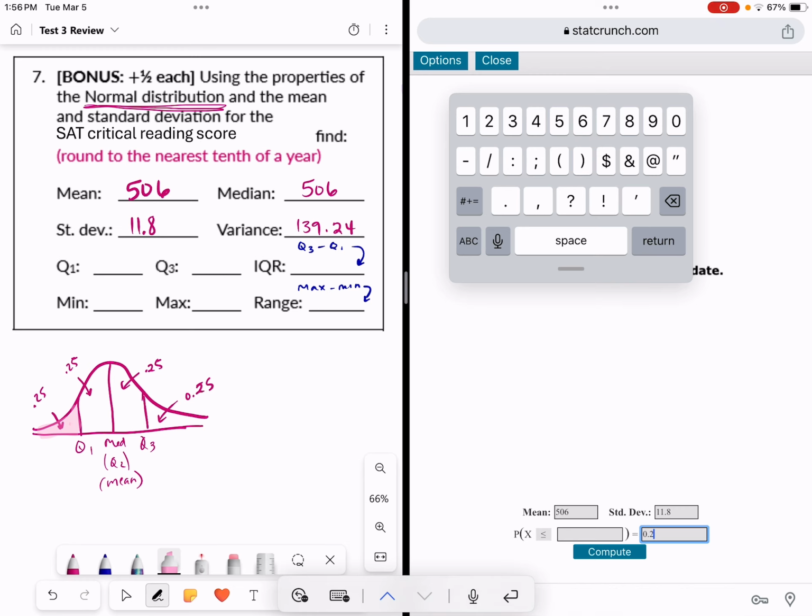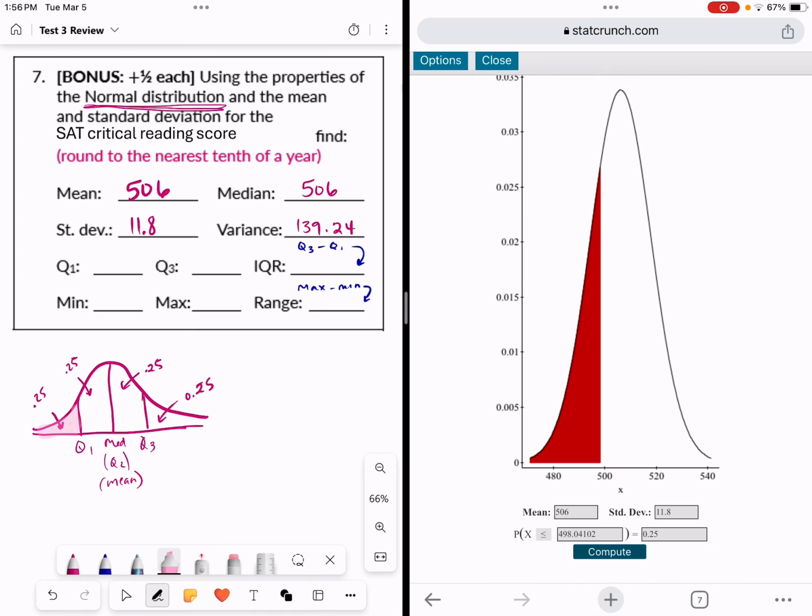There we go. When I compute, that's going to give me that Q1 is 498. Let's see, I said round to the nearest tenth, which actually means that would be 498.0, because the 4 would not round up. So our first quartile would be 498.0.